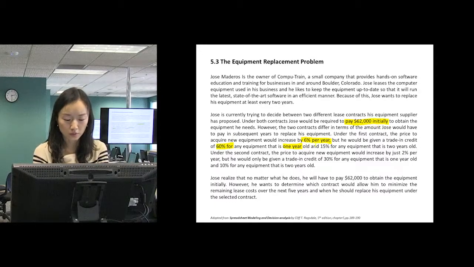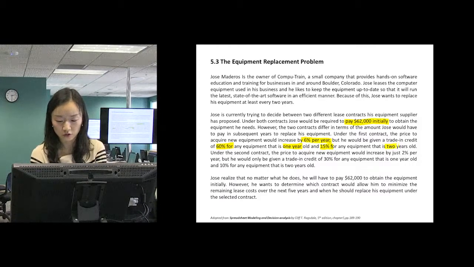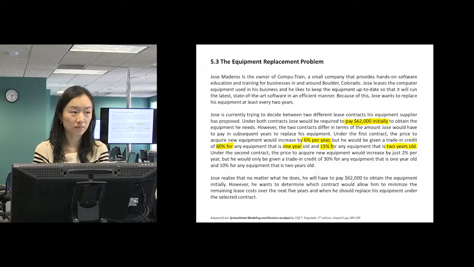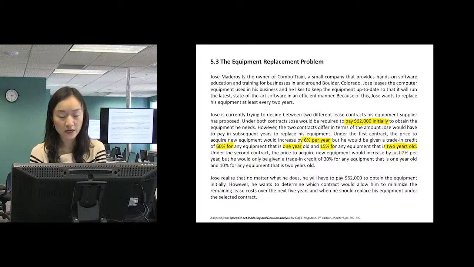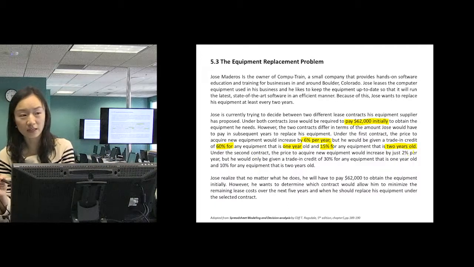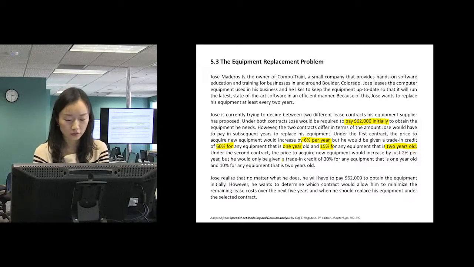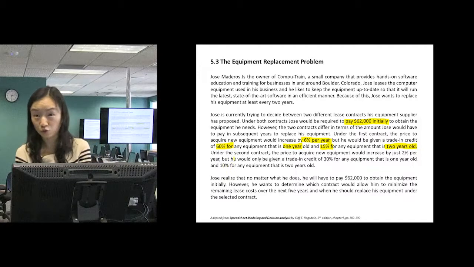Or he can trade in after 2 years, and he gets 15% for the 2-year-old equipment. That's the first contract. Under the second contract, the difference is just the rate at which the equipment price increases, and also the percentage of credit he gets for the trade-in.